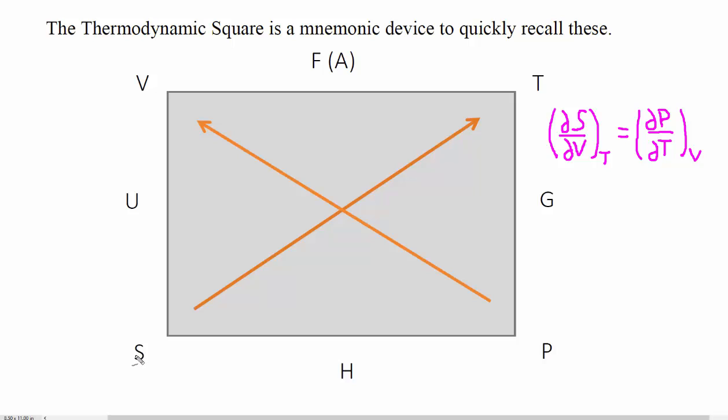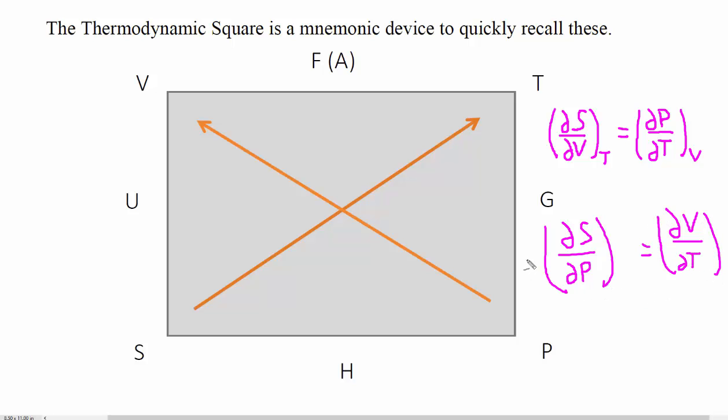And so let's do S over P is equal to V over T. That is to say, partial of S with respect to P is equal to the partial of V with respect to T. Except we're going to need to put a minus sign, and then we can add the things that are constant.